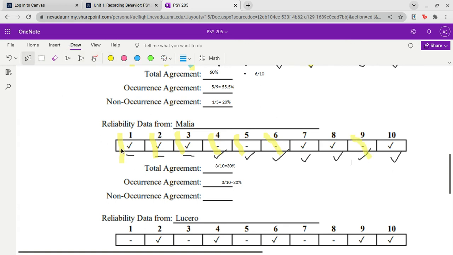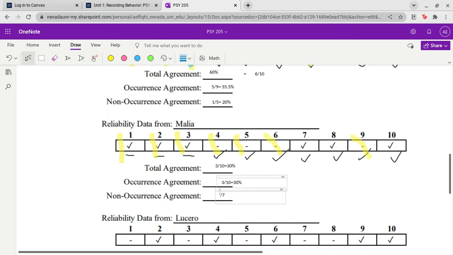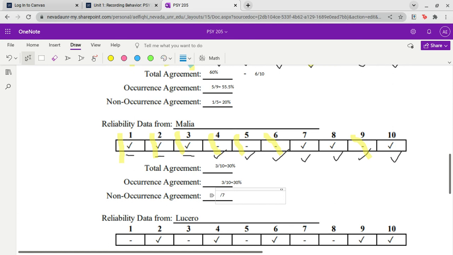So that will be 1, 2, 3, 4, 5, 6, 7 intervals with at least one non-occurrence. And then we're going to go through and find ones where there's agreement, and it looks like there are none. So that's going to be 0 out of 7, which of course comes out to 0%.